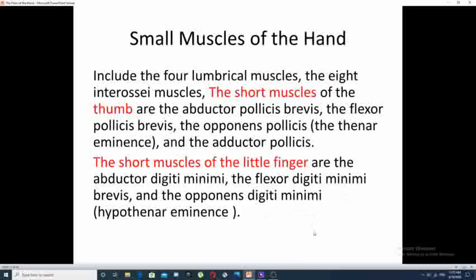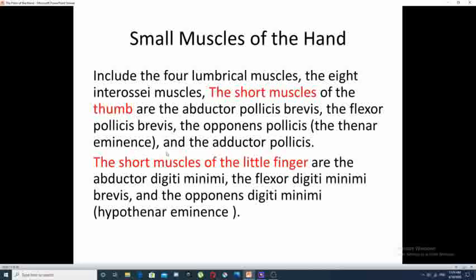Small muscles of the hand. This term includes the 4 lumbrical muscles, the 8 interossei muscles, and the short muscles of the thumb, which are abductor pollicis brevis, flexor pollicis brevis, and opponens pollicis. These 3 muscles are known as the thenar eminence muscle group.